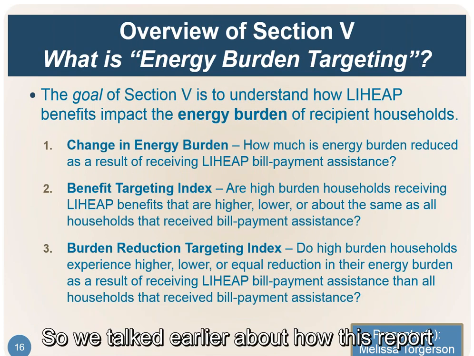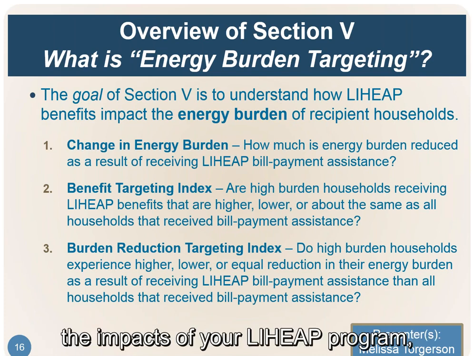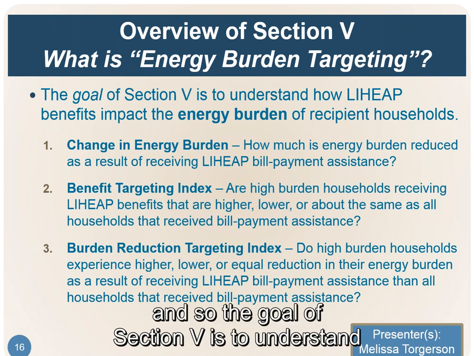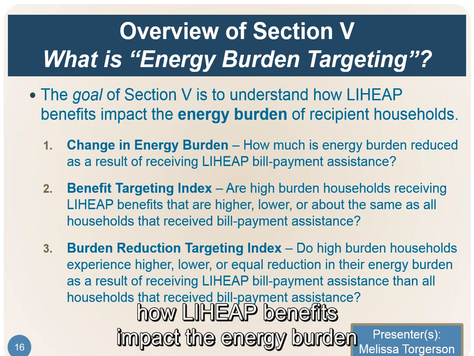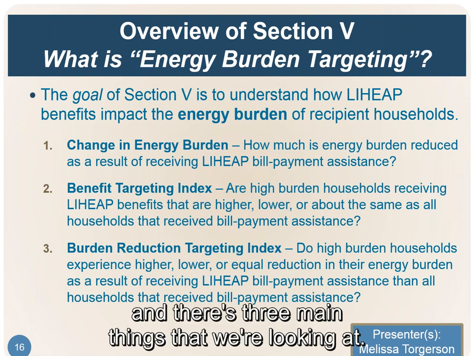So we talked earlier about how this report is really about measuring or demonstrating the impacts of your LIHEAP program. And so the goal of Section 5 is to understand how LIHEAP benefits impact the energy burden of recipient households. There's three main things that we're looking at.